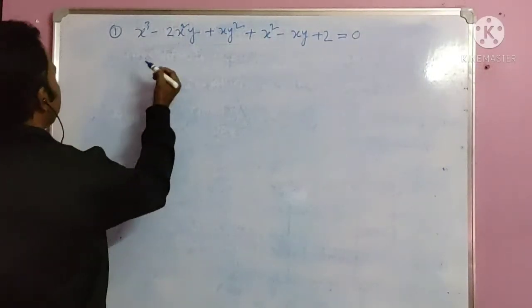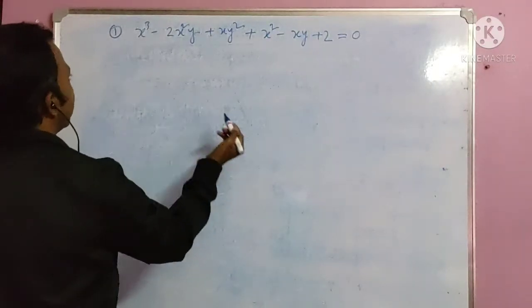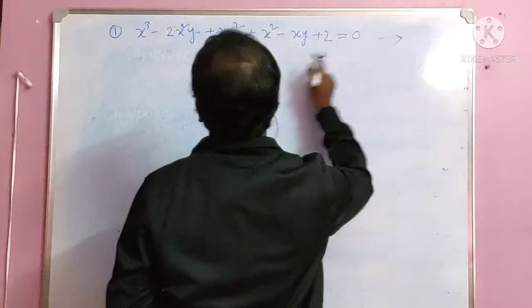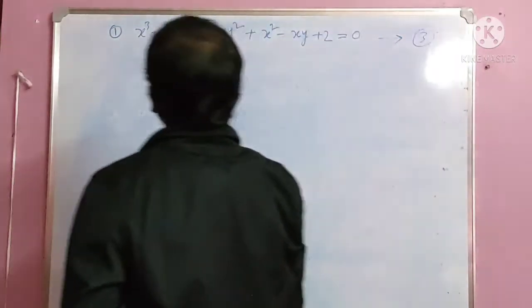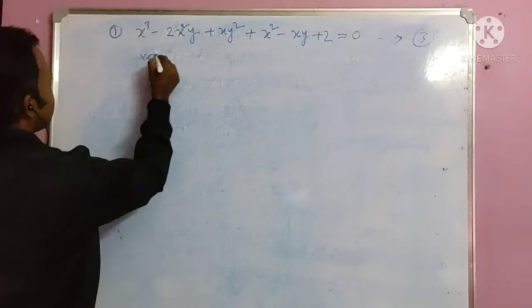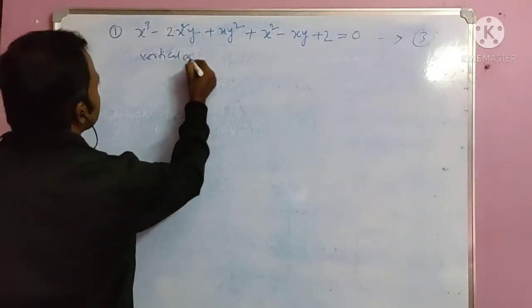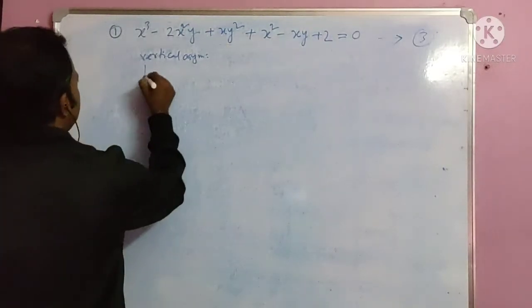Okay, like before, first you have to find the vertical one and then the horizontal one. And the number of asymptotes is x cubed, so 3.